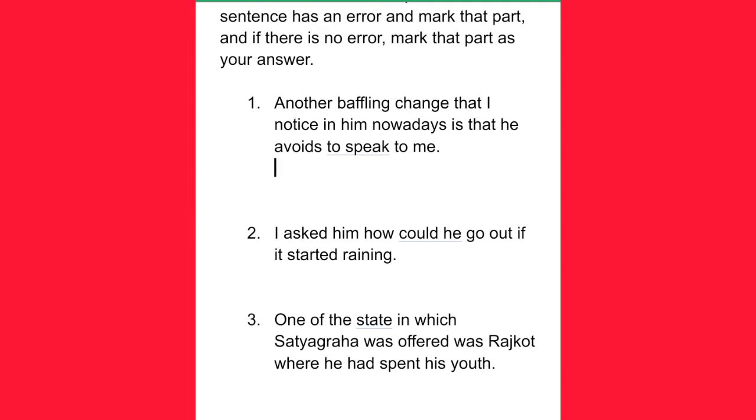The first sentence: another baffling change that I notice in him nowadays is that he avoids to speak to me. So in this sentence, what do you think? Is there any error or not? There is an error, and the error is that it should be avoids speaking.